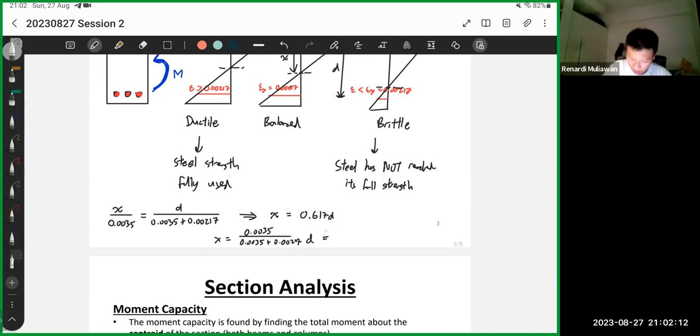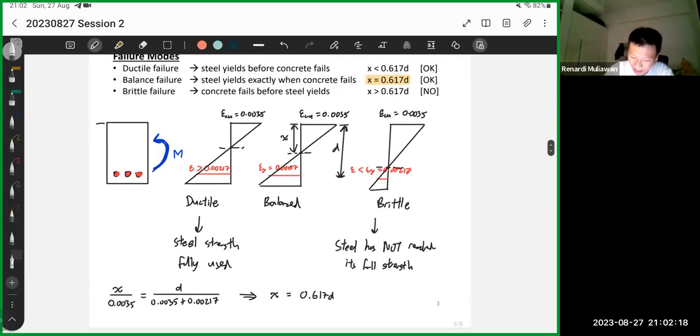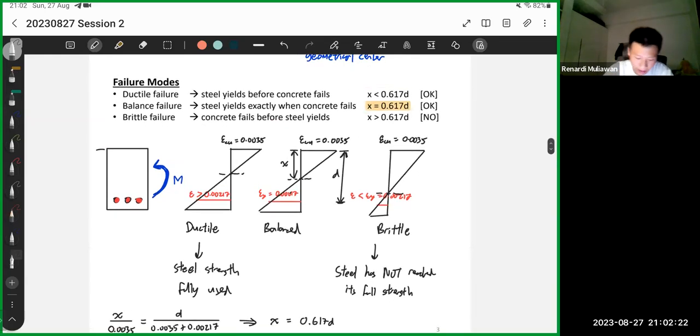Yeah, correct, 0.617. So it's proven. Balance case is basically when steel yields and concrete crushes. Any questions so far? This one again is still very theoretical, but you'll see the use soon.